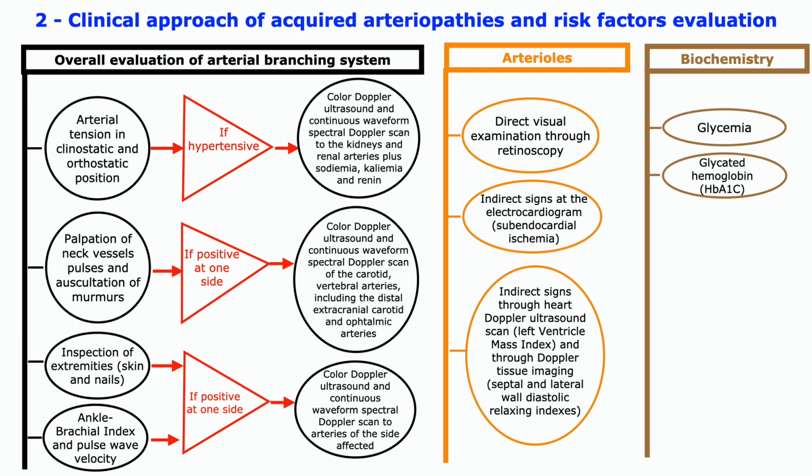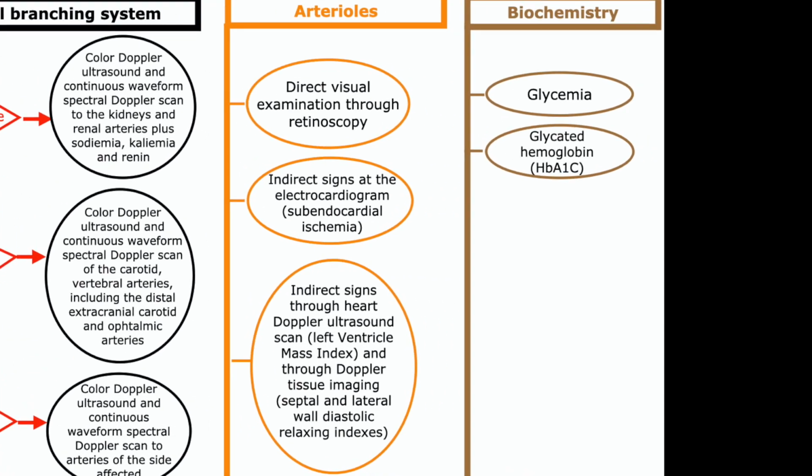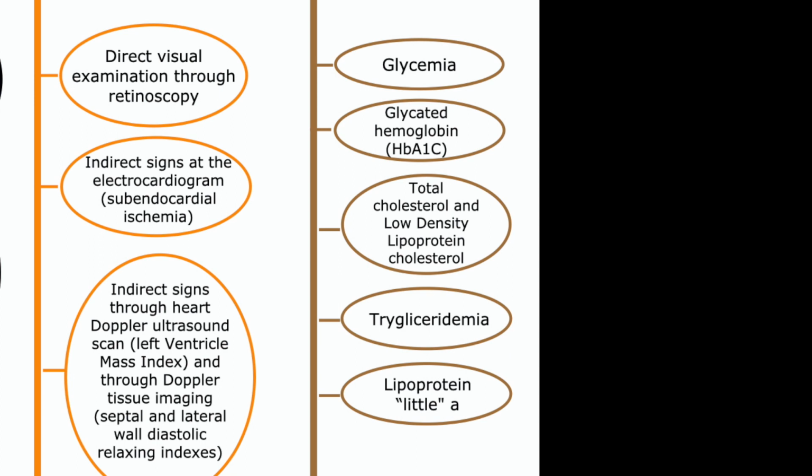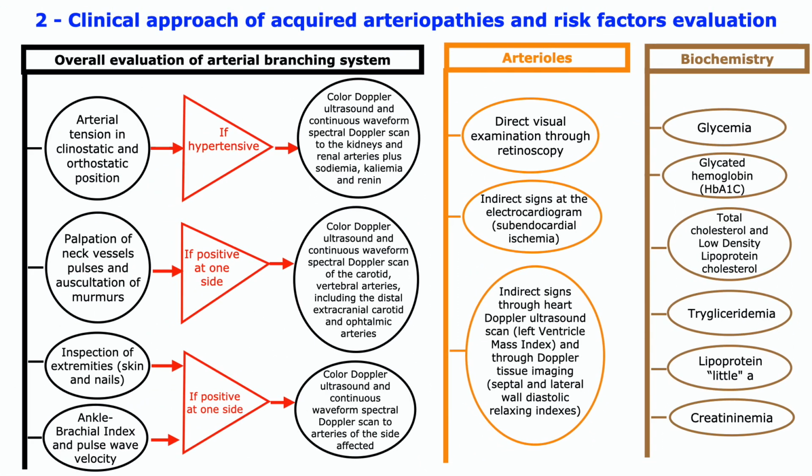Biochemistry supports identifying other risk factors, such as diabetes, through fasting glycemia and glycosylated hemoglobin, total and low-density lipoprotein-bound cholesterol, triglyceridemia, and lipoprotein a. Creatininemia is the most important parameter to evaluate the nephromicroangiosclerosis.